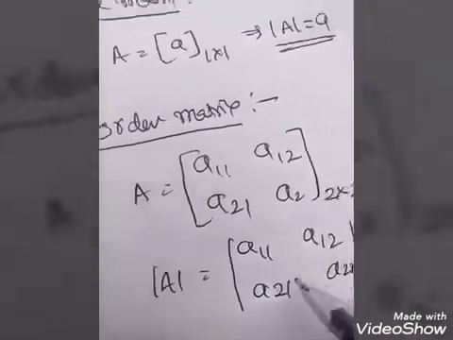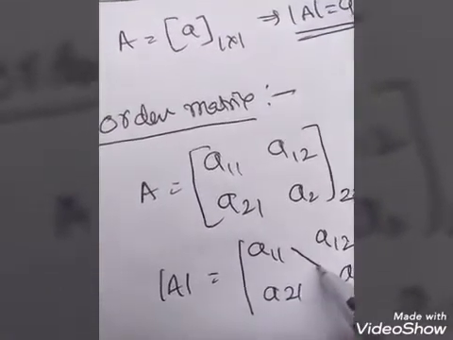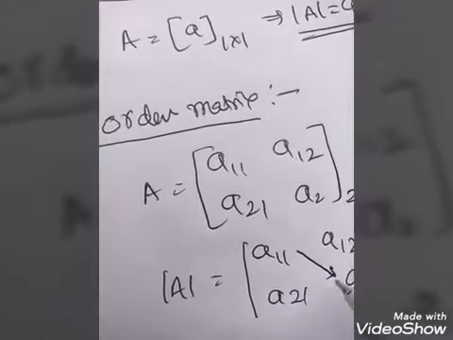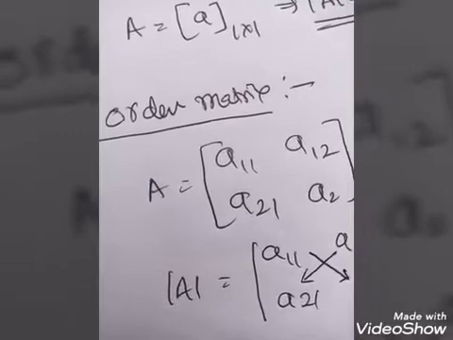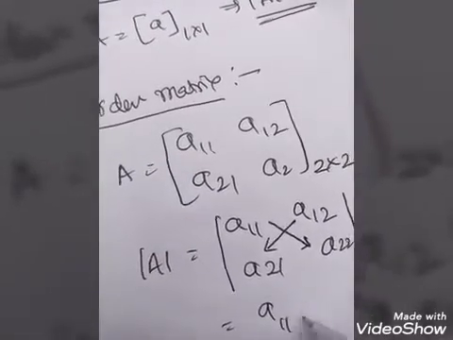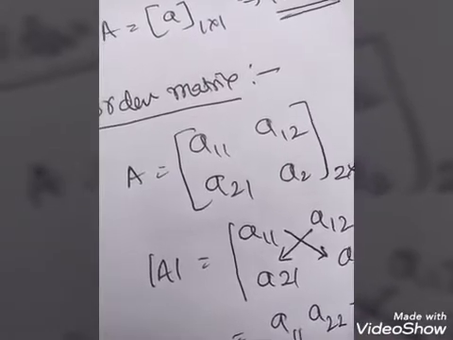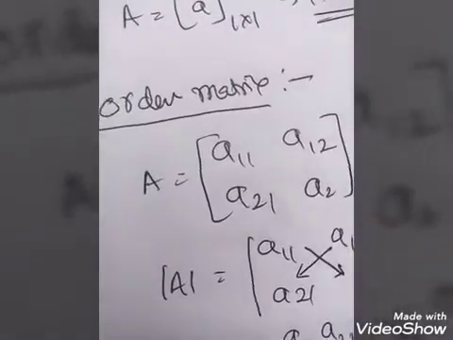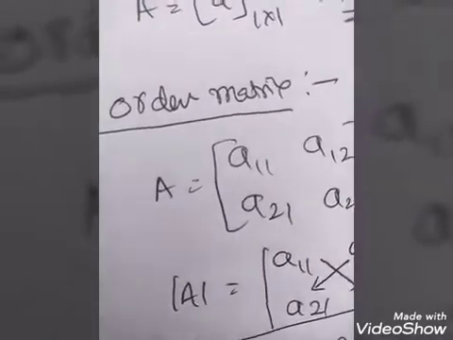Now, how to calculate this? We take the difference of the product of the elements of the principal diagonal and the elements of the co-principal diagonal. That is a11 into a22 minus a12 into a21. This is the det A of the 2 by 2 matrix.